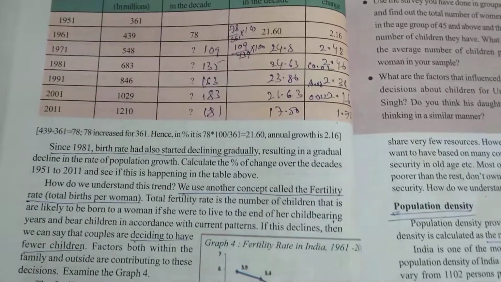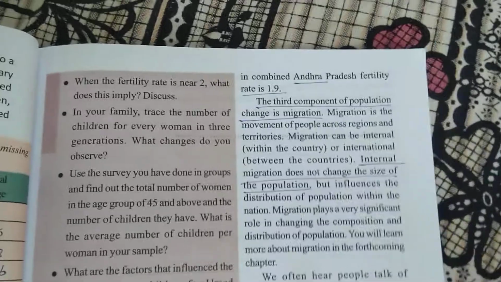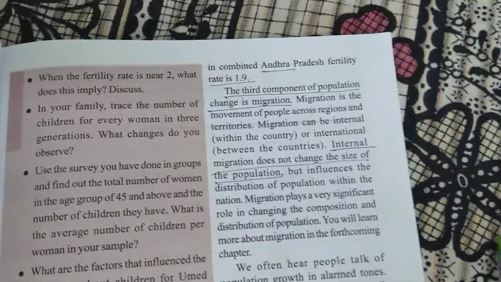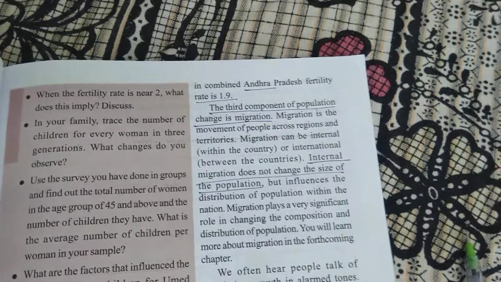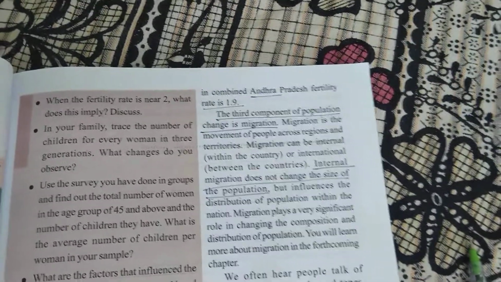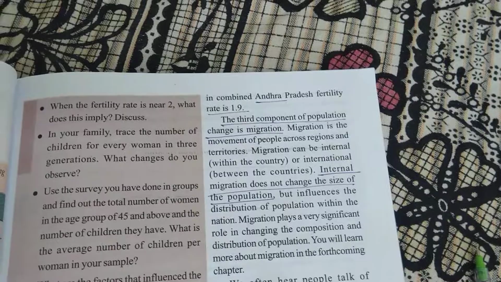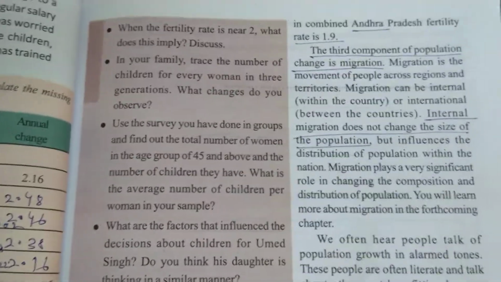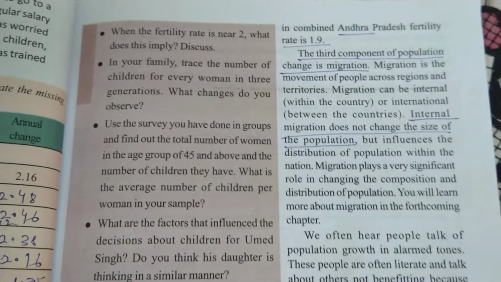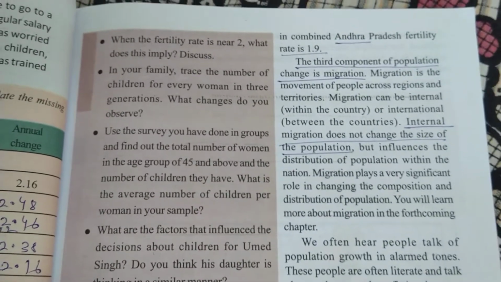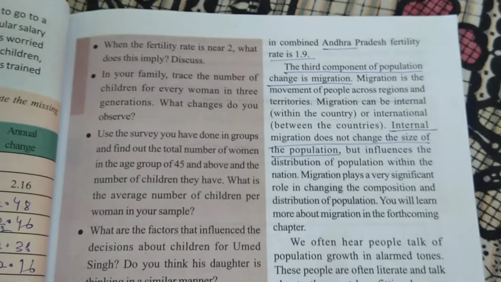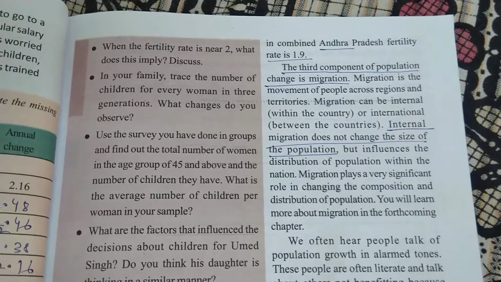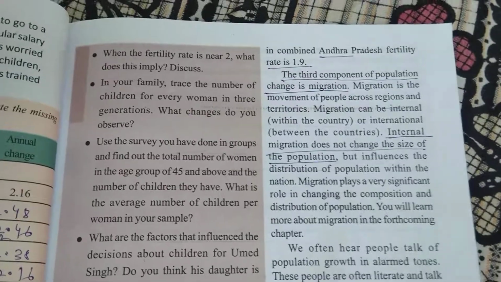Next, the third component of population change is migration. What is the meaning of migration? Moving people from one place to another in search of jobs, profession, or better facilities for health and education. Migration is the movement of people across regions and territories. There are two types: internal migration and international migration.